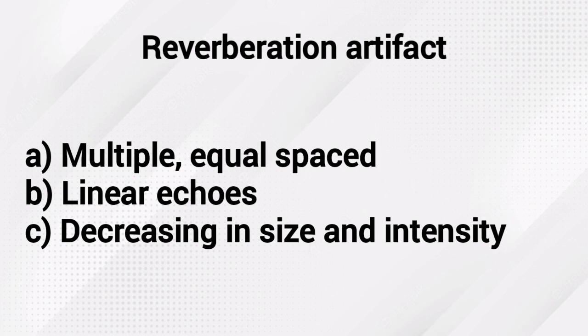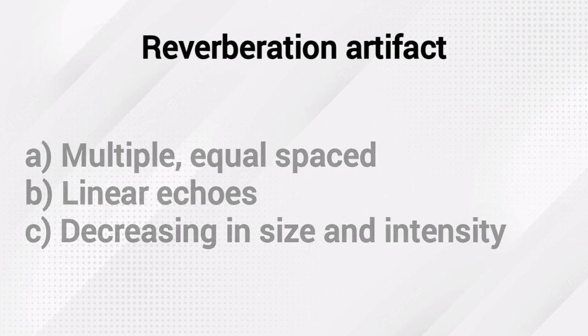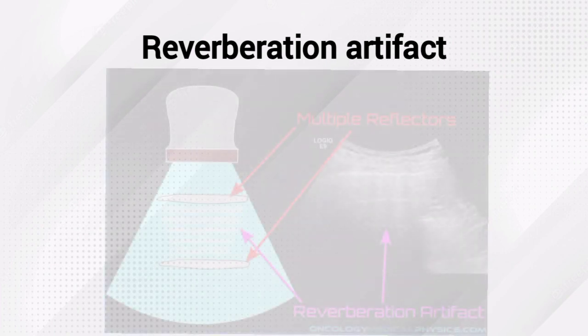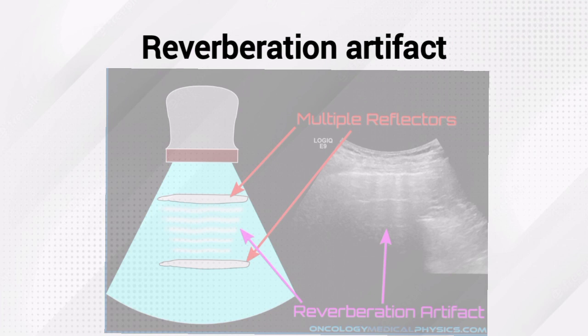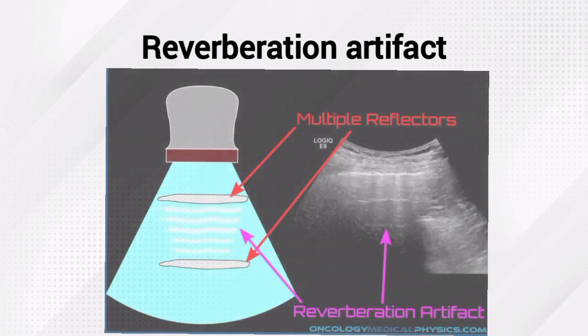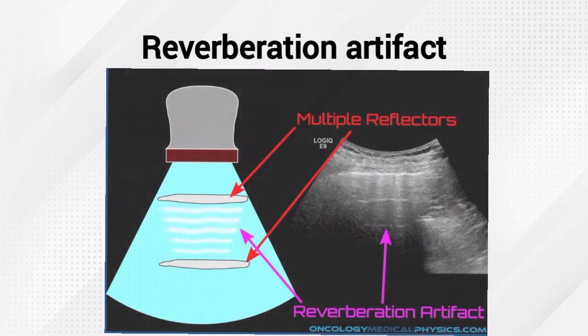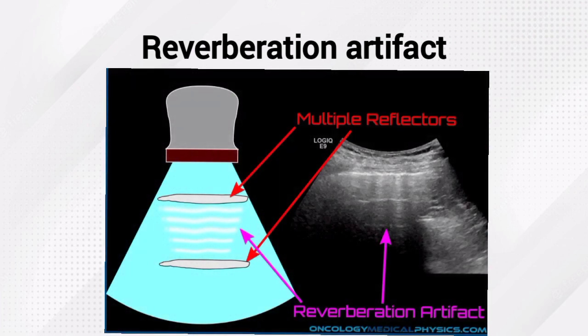Reverberation is caused by echoes bouncing back and forth between two strong interfaces or reflectors. It occurs when the echo bounces back and forth between the transducer and a strong interface until all the energy of the sound is attenuated.